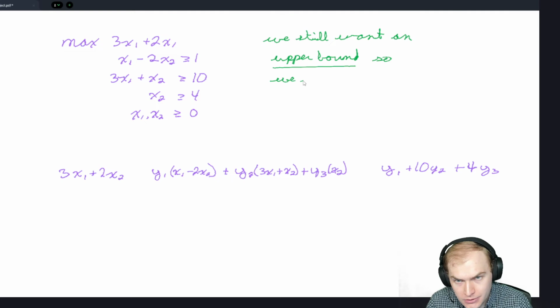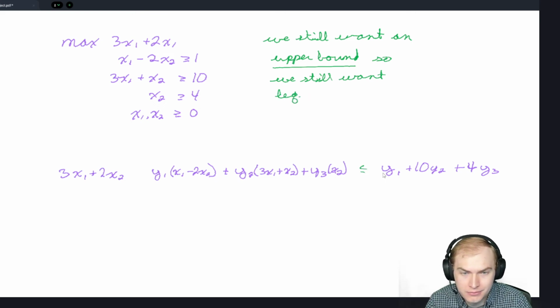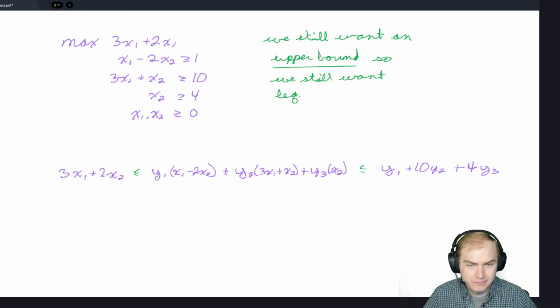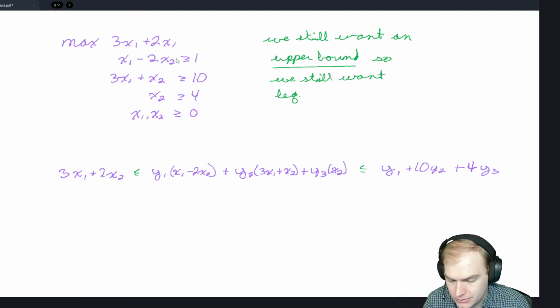So we still want less than or equal to in both spots, because we want an upper bound on our objective function, 3x1 plus 2x2. Good catch.